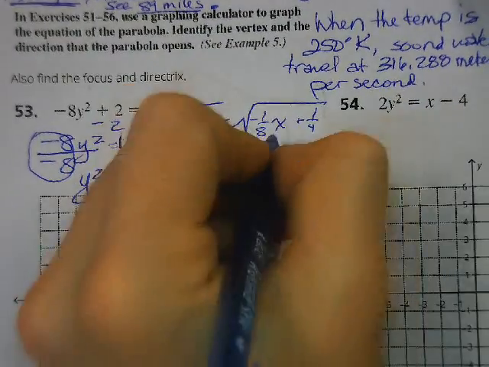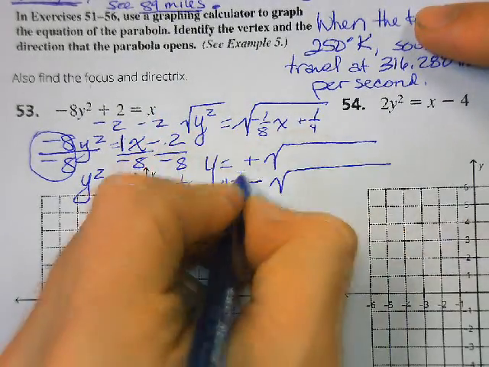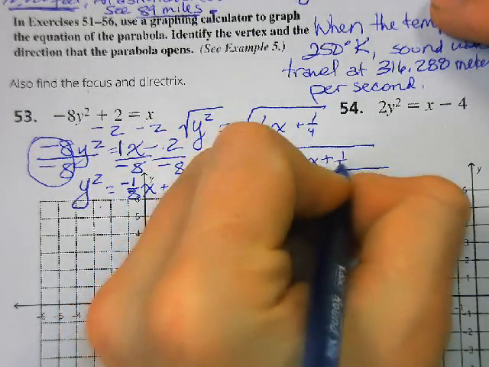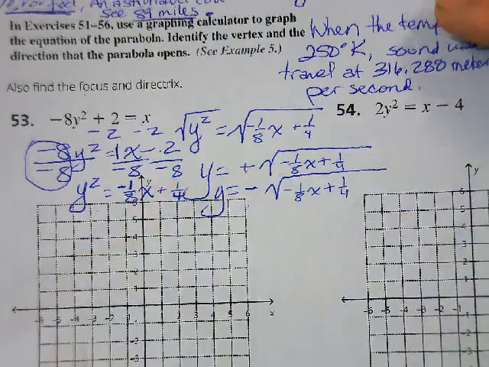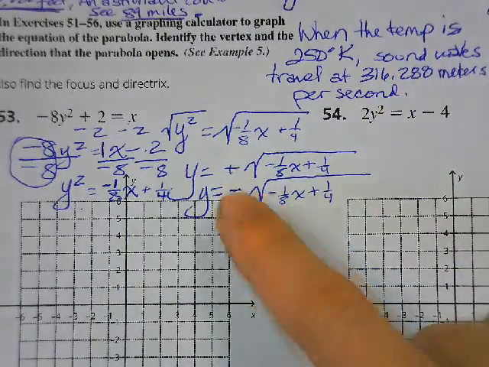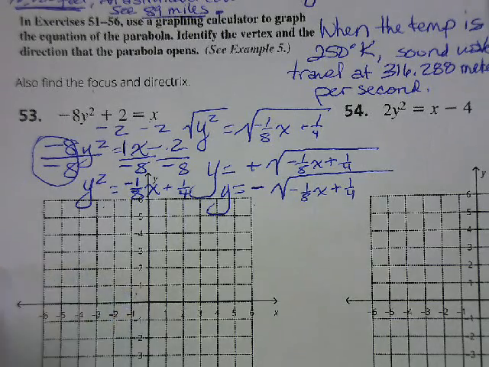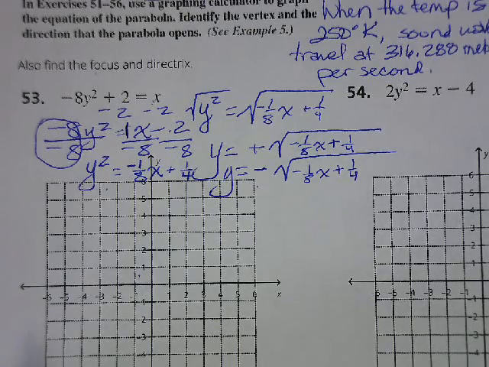Y equals the positive and the negative, right? Plus and minus, negative 1/8x plus 1/4 and negative 1/8x plus 1/4. You write the exact same thing in here. One is positive, one is negative, and that's just so that we can graph it, and it will be symmetrical on its side when we graph it.